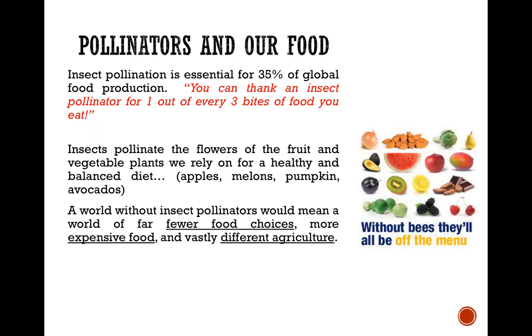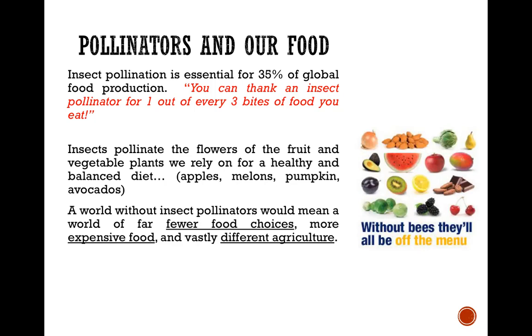If we think about it globally in food production, 35% of our global food production relies on pollinators, many of which are native to our region, and some, like the honeybee, which is not native to the United States, also plays a very important role in food production.